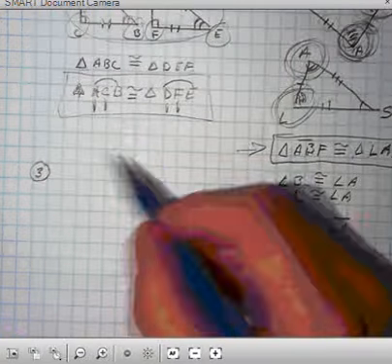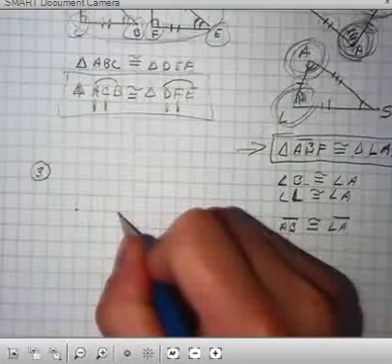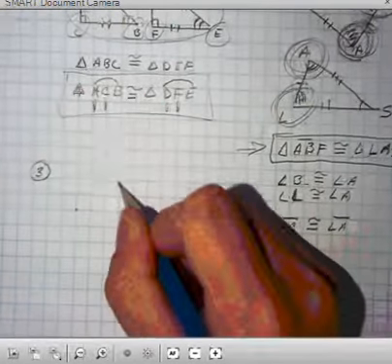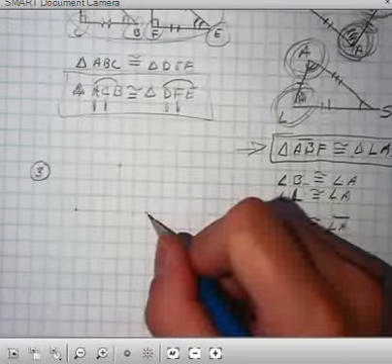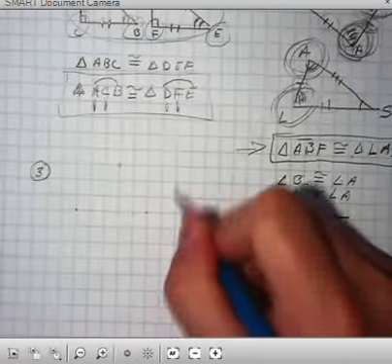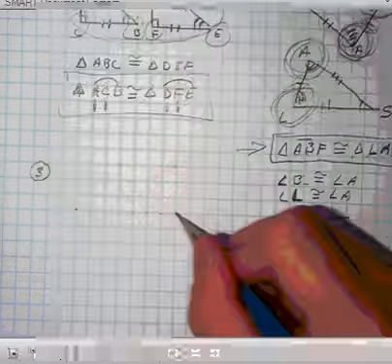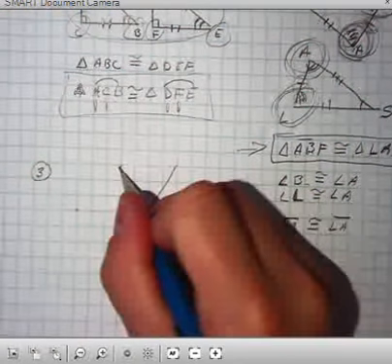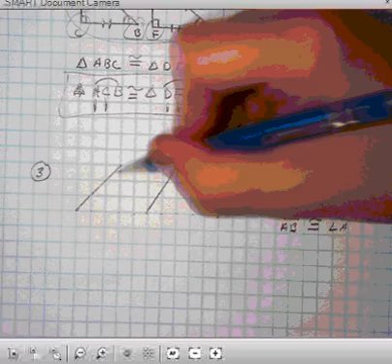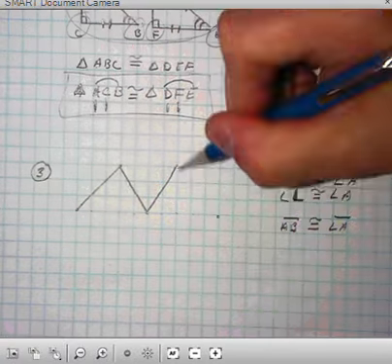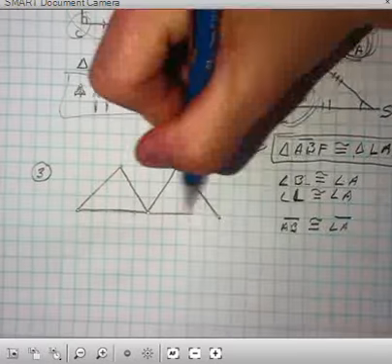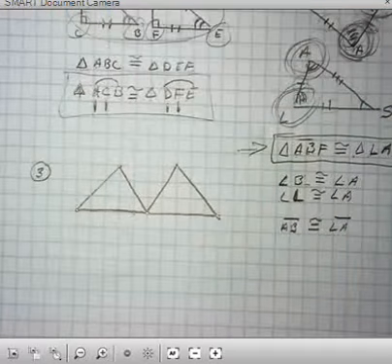Take a look at this one. All right, there's your 2 triangles.